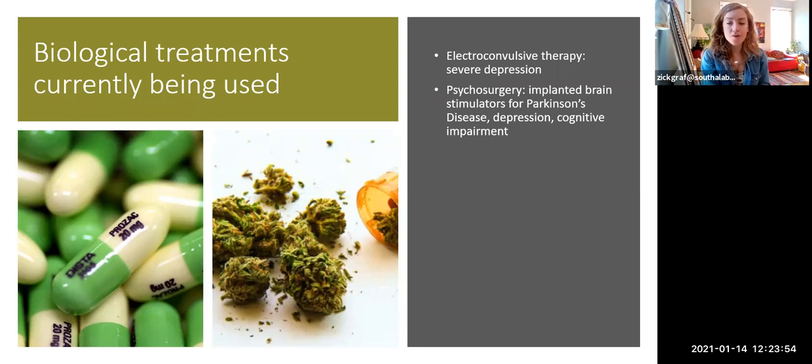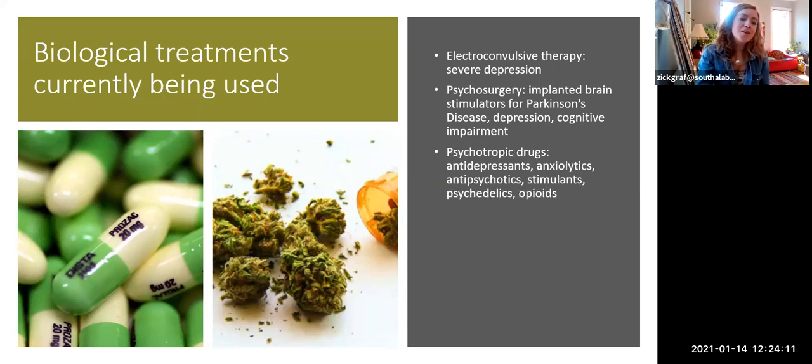So psychosurgery or implanted brain stimulators is a cutting edge treatment, currently mostly being used for Parkinson's disease and other forms of cognitive impairment, but that in the future might be used to treat what we would recognize as psychopathology, things like depression, OCD, schizophrenia.